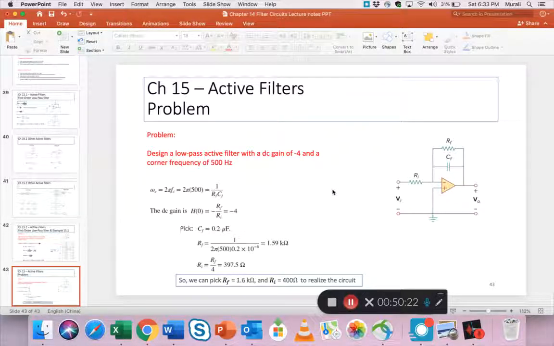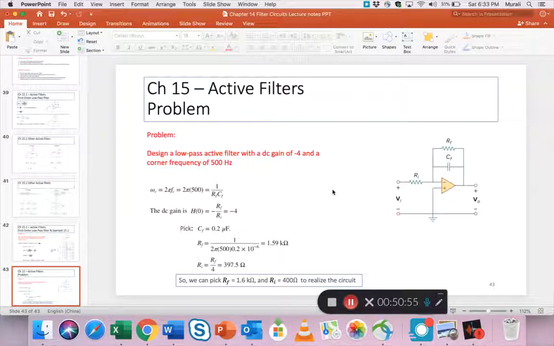Quickly, first find omega as 2 pi f, and that is also 1 by RC. The next step is to use the fact that the gain is -4, so minus RF by RI equals -4. He's got two formulas, but they still can't be solved because there are 3 unknowns, so you have to make an assumption on one.